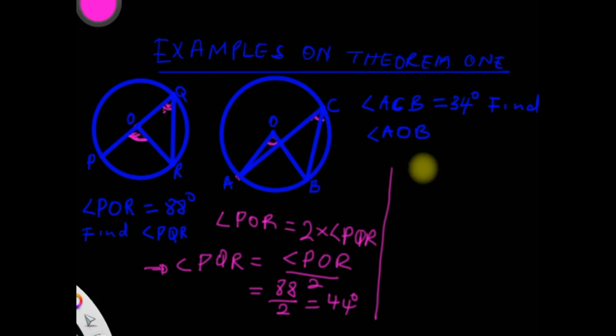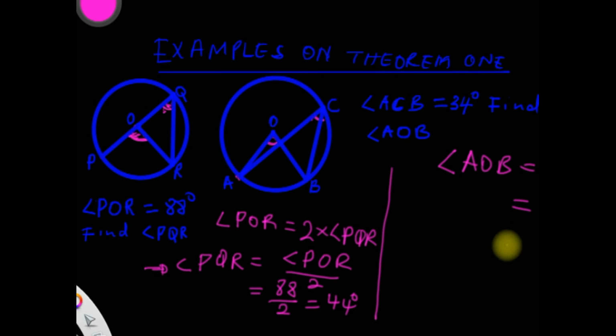Have you seen? So from the theorem, this angle which is formed by the arc at the center, angle AOB, is equal to 2 times the angle formed by this same arc at the circumference, which is angle ACB. Angle ACB is given as 34.